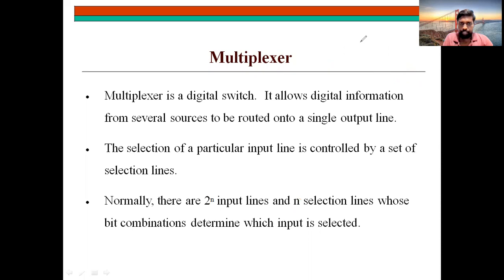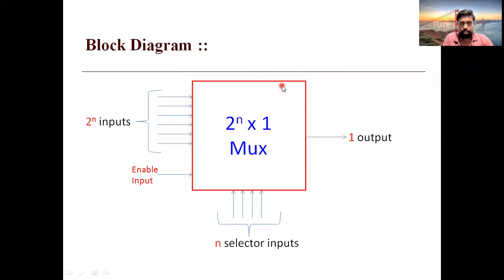Now let us see the block diagram. See, 2 power n inputs will be there. Always the inputs will be in the form of 2 power n, among which small n will be the number of selector lines. Suppose you have 8 inputs here, where 8 can be written as 2 cube, then you will have 3 selector inputs.